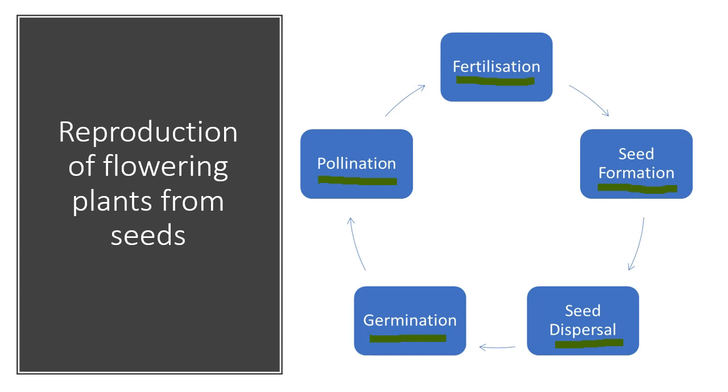And then once the plant grows into an adult plant and is ready for reproduction, they may go back again to pollination, and then fertilization, seed formation, seed dispersal, back again to germination. So that's how they repeat the stages of reproduction in the flowering plants.